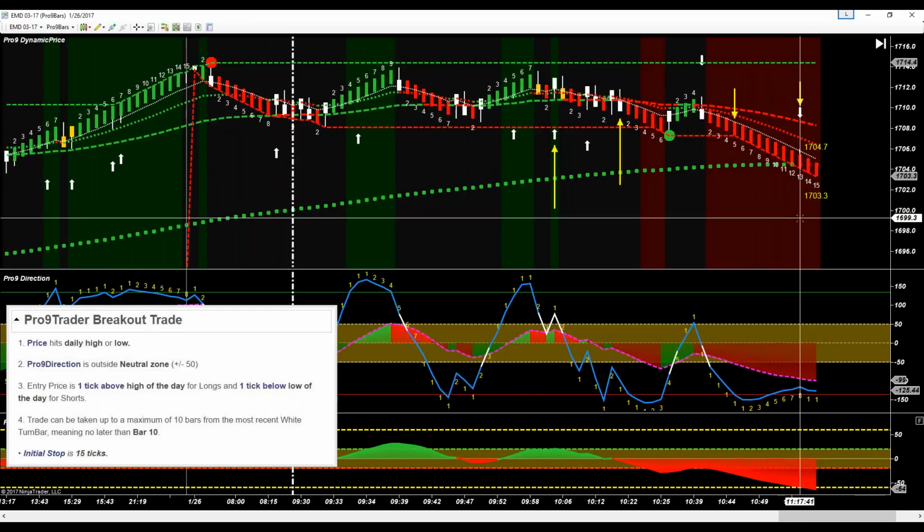Now this isn't always going to happen, but there are quite a few times where we have multiple entries in case we miss one. We may have been watching another market or been distracted very briefly and might have missed an entry and may not have been able to get a retracement.